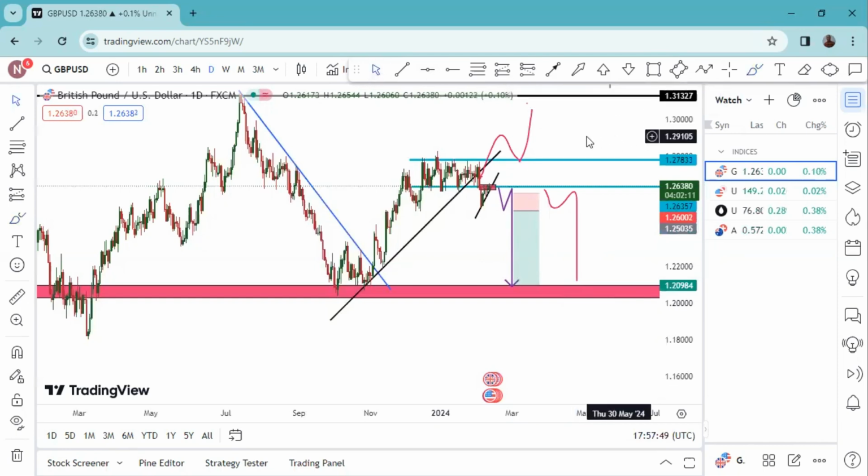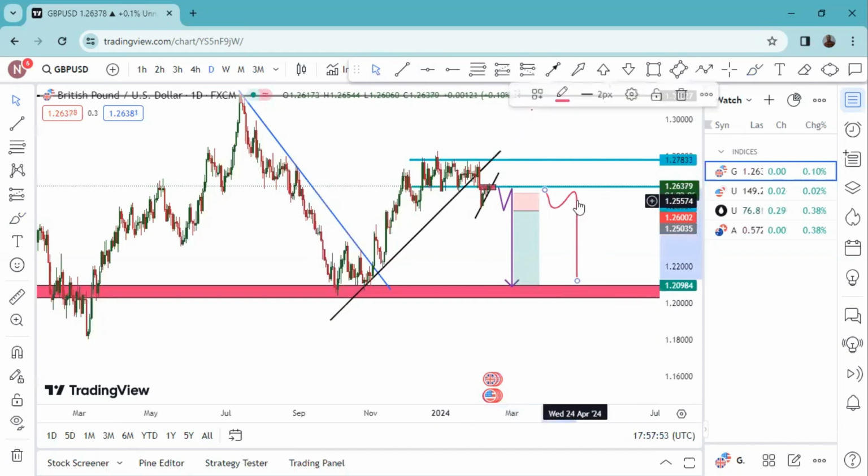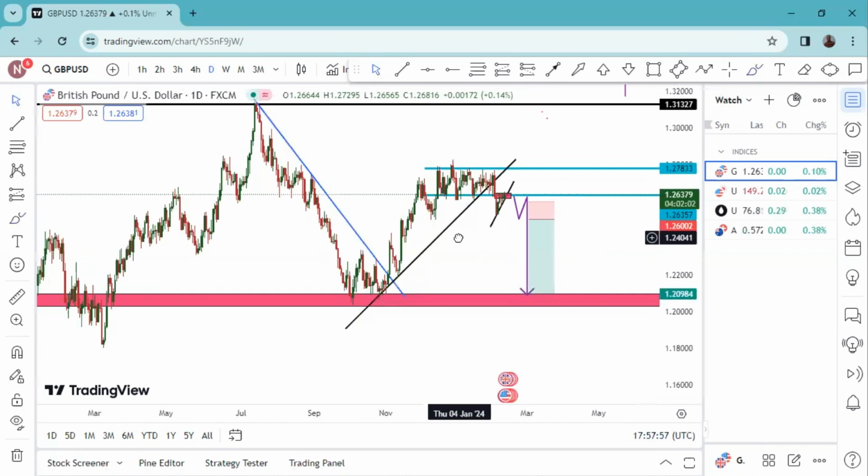So this is what has actually happened. The market has decided to break from the lower side. So this means the probability is that we are going for a sell.